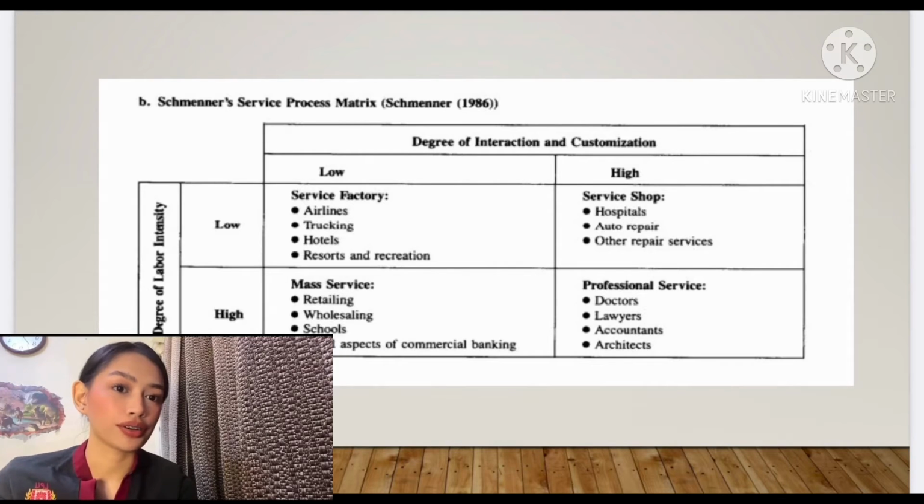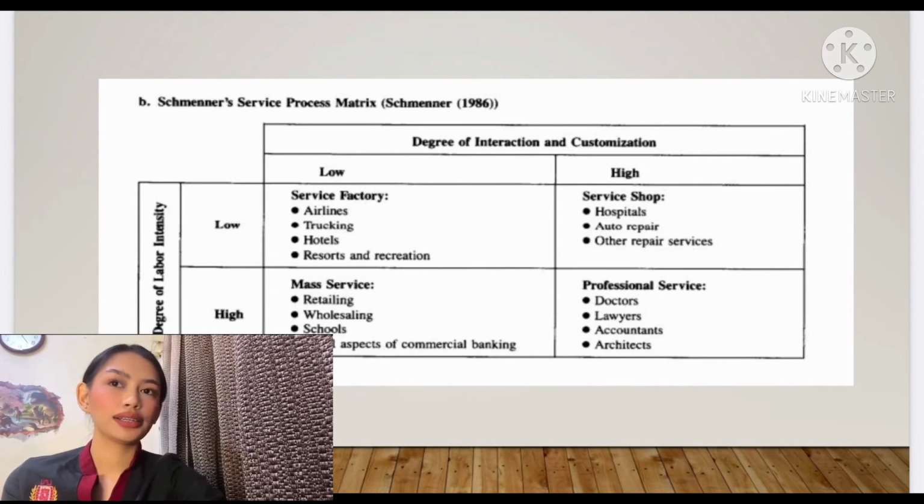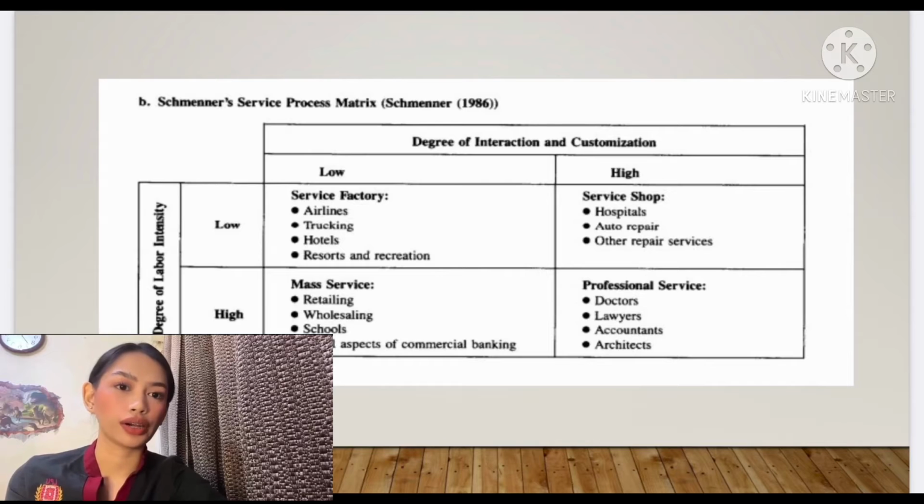Service factory and mass service are under low degree of interaction and customization. Why? Because they offer products or services that cannot be fully customized by their consumers, and they cannot exceed the customer's specific needs and wants if they cannot offer it.